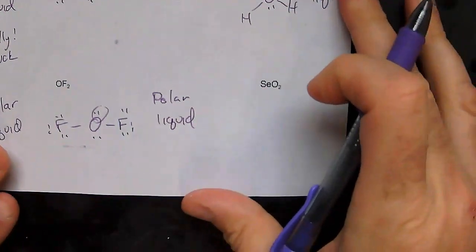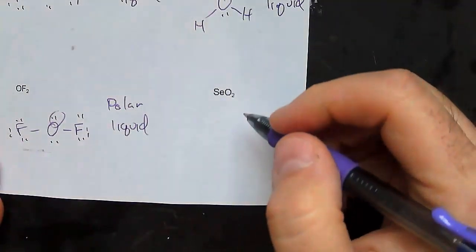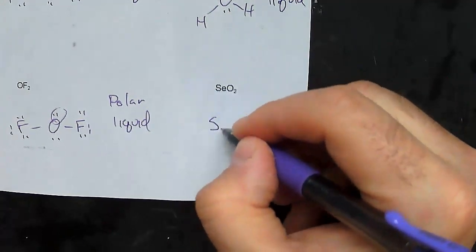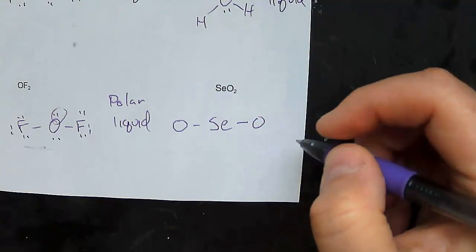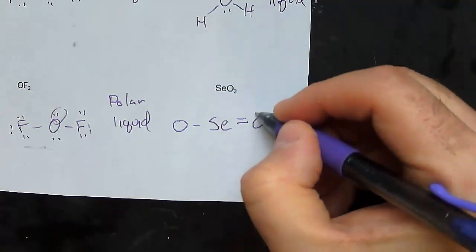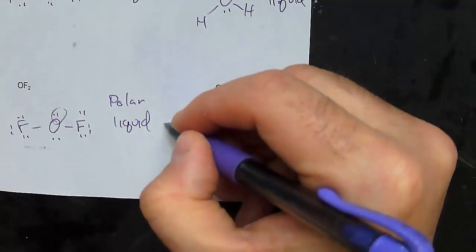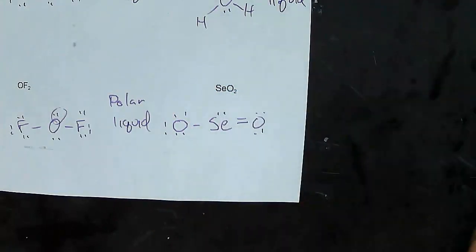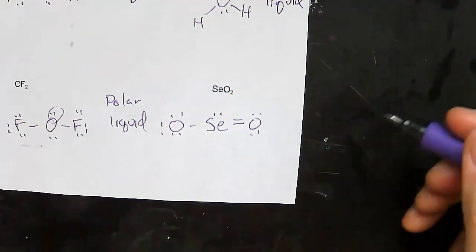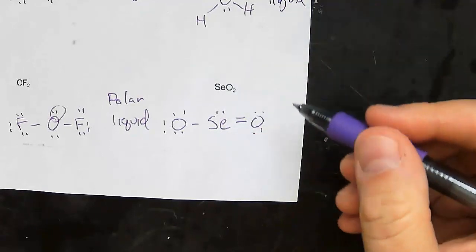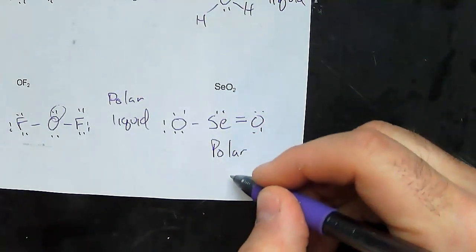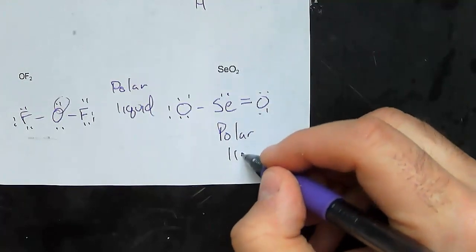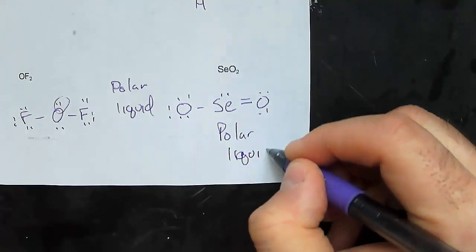And then the last one here, SeO2, so this is going to look like this. Now this is polar, and you'd expect it to be a liquid.